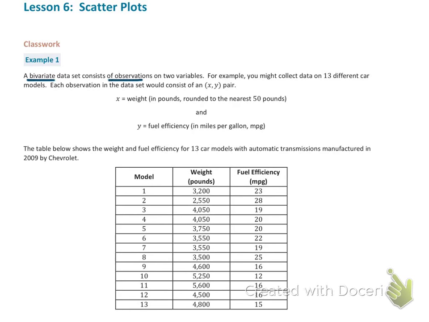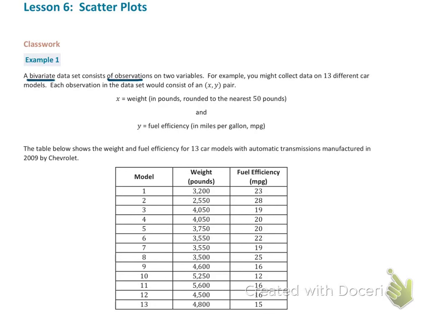Observation is another word that we'll be using in a different context maybe than you're used to. But an observation is just a measurement, so it's a pair. Each observation in the data set will be an XY pair. In this example, our X variable is going to be weight in pounds of a car.